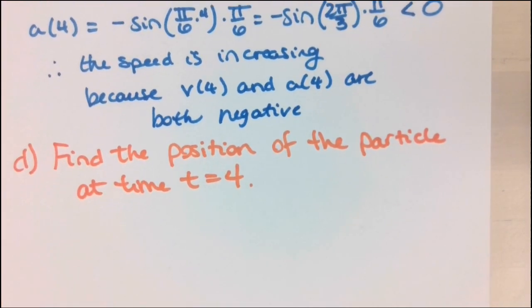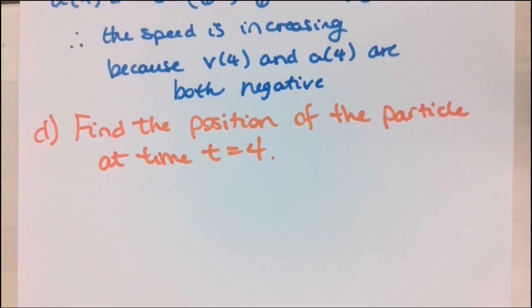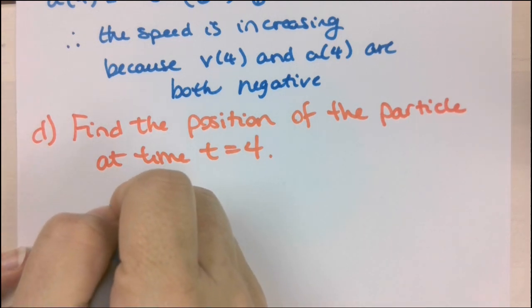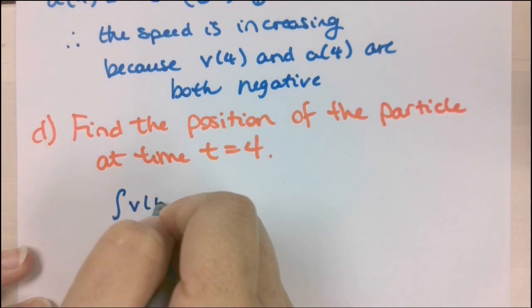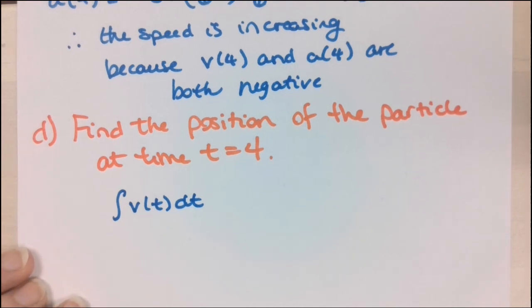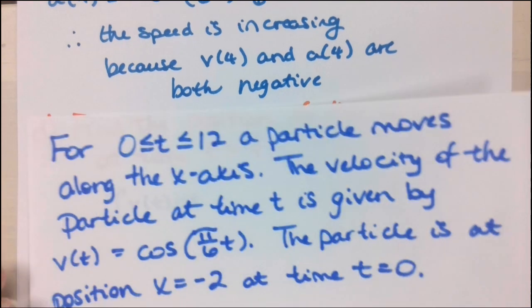Last question here. Find the position of the particle at time t equals 4. All right, so we are starting out at velocity. I know that in order to get to position, I need to integrate velocity. But if I just integrate velocity, that only gives me displacement. I need to add to this a position that I know. So let's go back to the prompt.